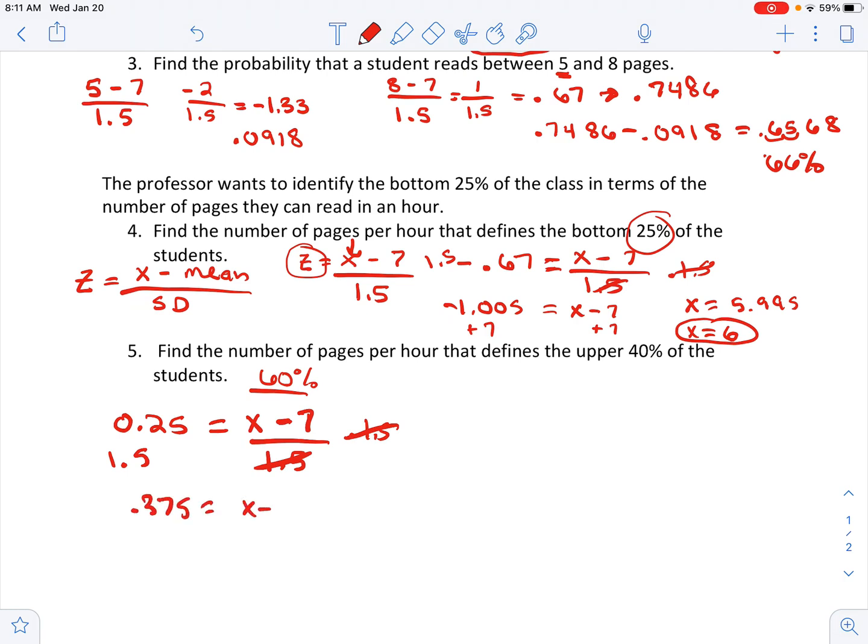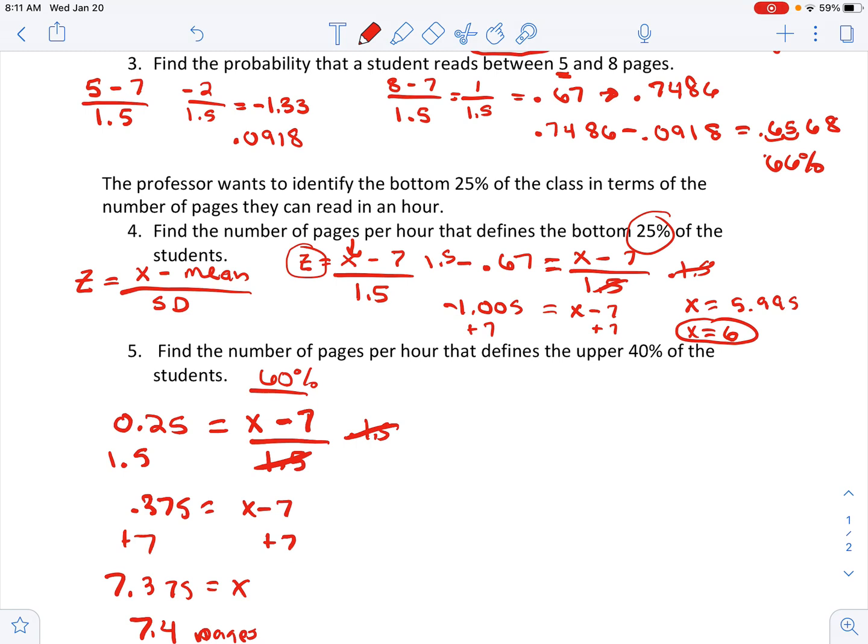I'm not going to round till the end. And then I add 7, so that would be 7.375 equals x. We'll round to the tenth place, 7.4 pages.